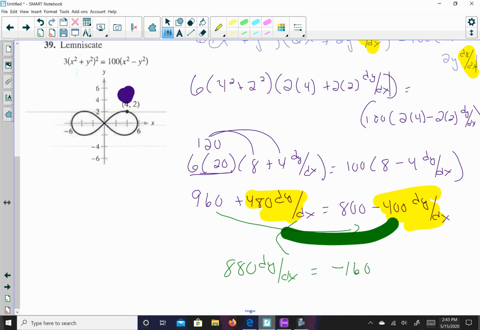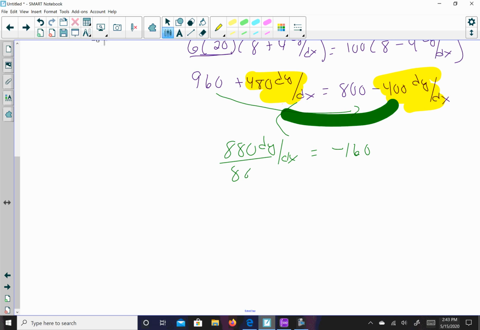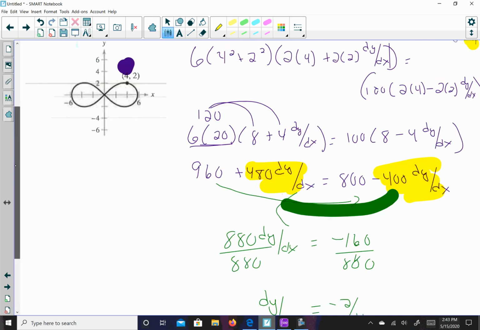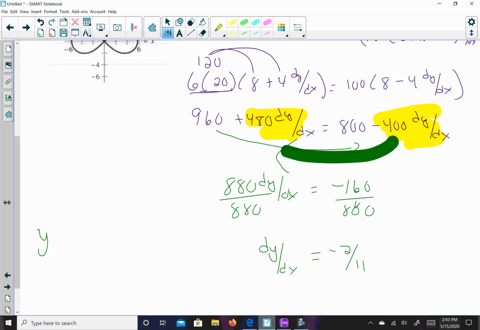And when I divide by 880, dy/dx, I get negative 2/11. So that's my slope. So I'm going to point slope. So y minus 2 is equal to negative 2/11 times x minus 4.